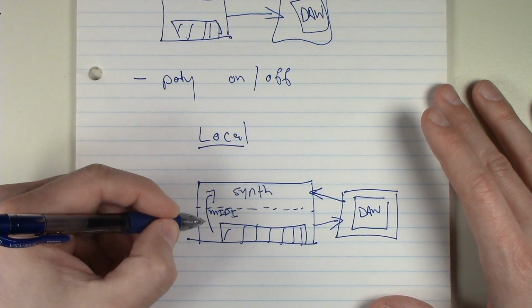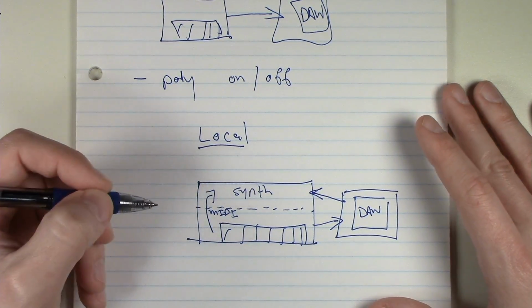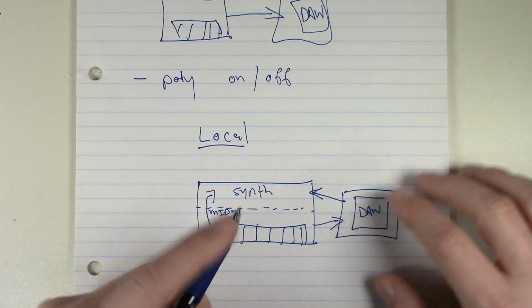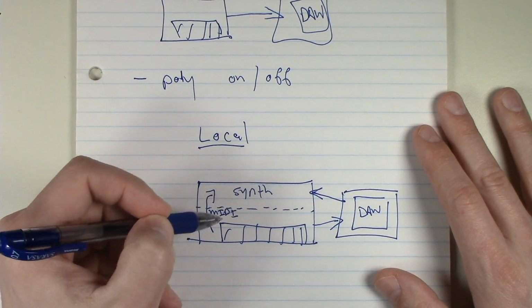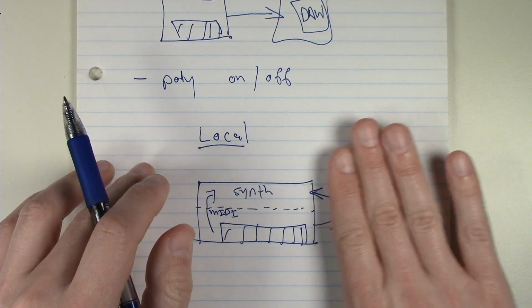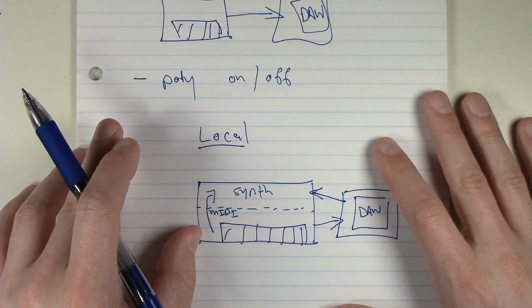So local mode affects whether this internal connection is on or off. If local is on, then the keyboard will send to the synth internally without any external connection being required.